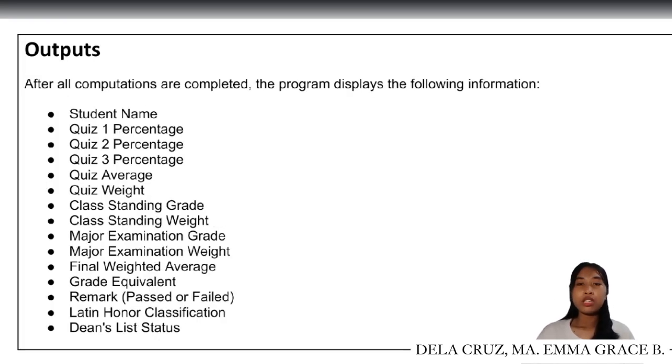The program displays a complete grade report containing the student name, the percentage of each quiz, the quiz average, the quiz weight, the class standing grade and weight, the major examination grade and weight, the final weighted average, the grade equivalent, the remark, the Latin honor classification, and the dean's list status.